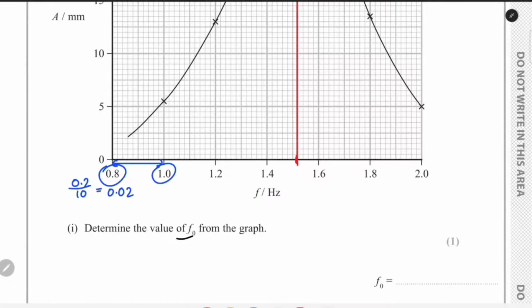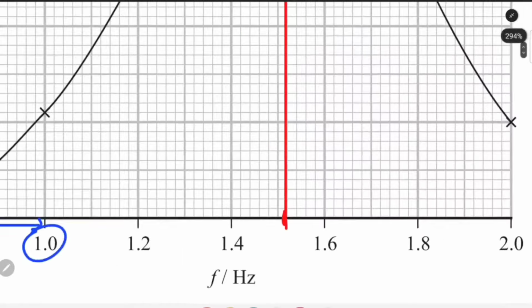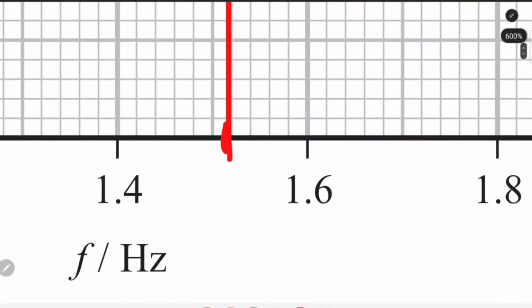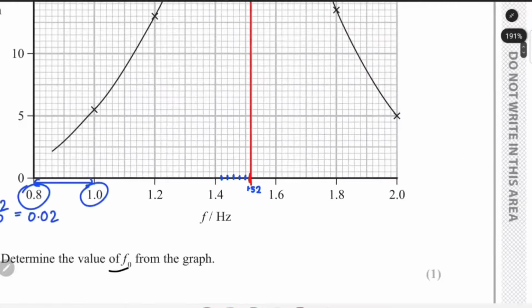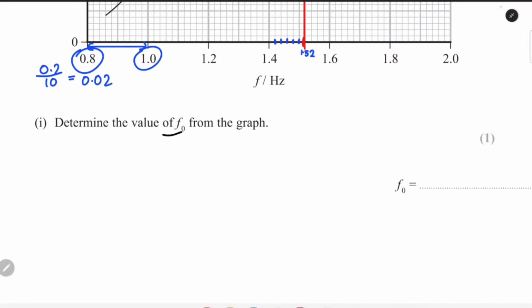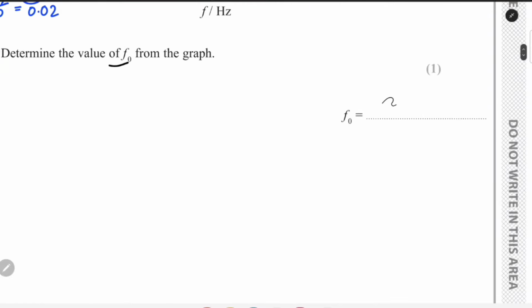Each small box is 0.02 hertz. So this is 1.42 hertz, 1.44, 1.46, 1.48, 1.50, 1.52 hertz. So our resonant frequency is 1.52 hertz.